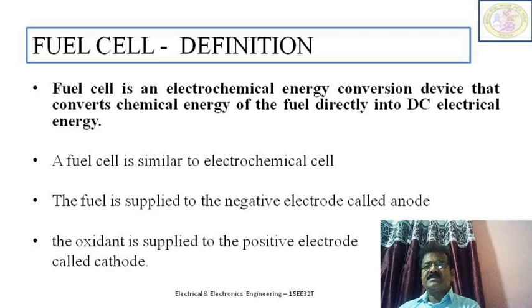The fuel is supplied to the negative electrode called anode. The oxidant is supplied to the positive electrode called cathode.